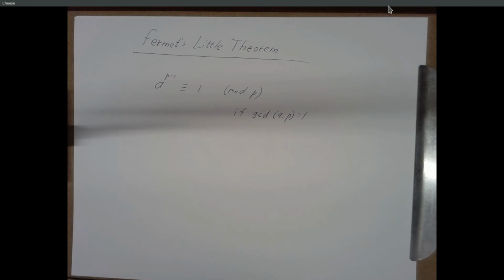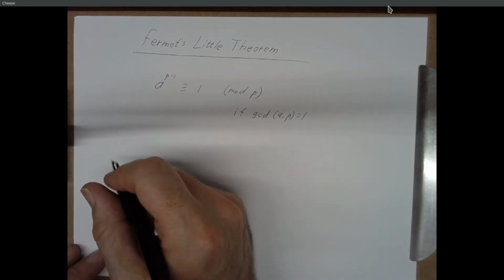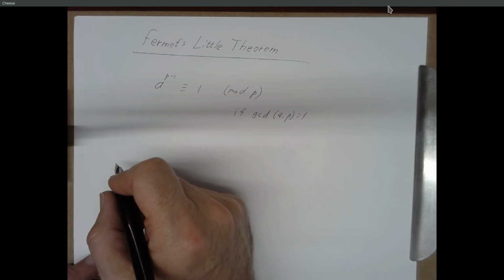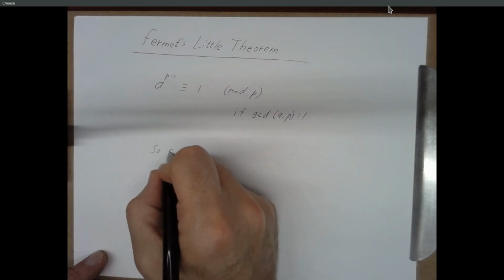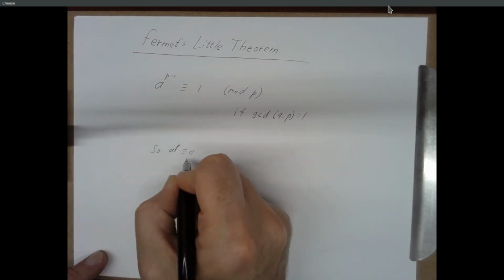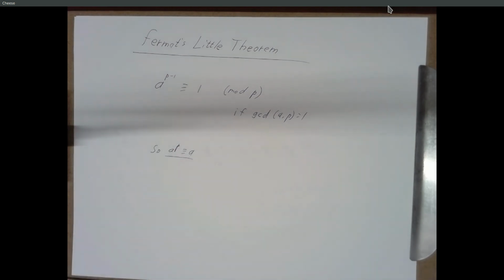And from that, you get a to the p is congruent to a. It turns out this is always true regardless of whether p is prime or not. But it's actually more powerful to know that a to the p minus 1 is congruent to 1.